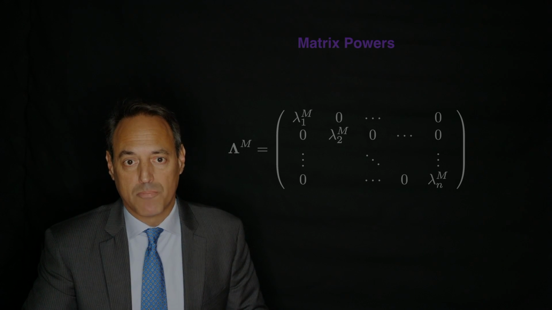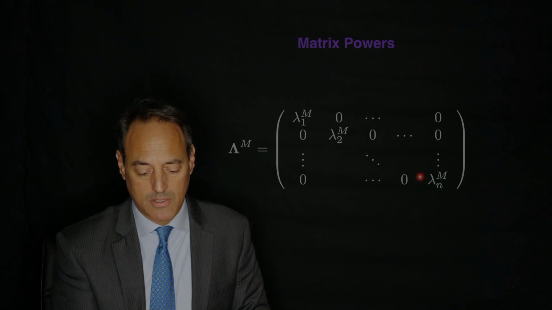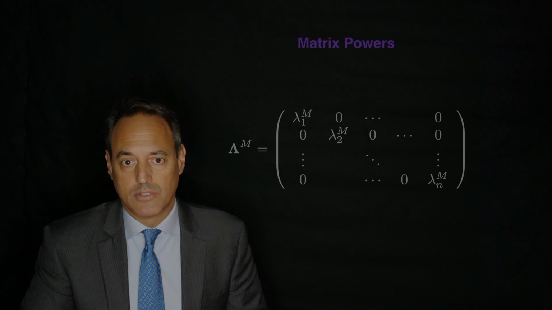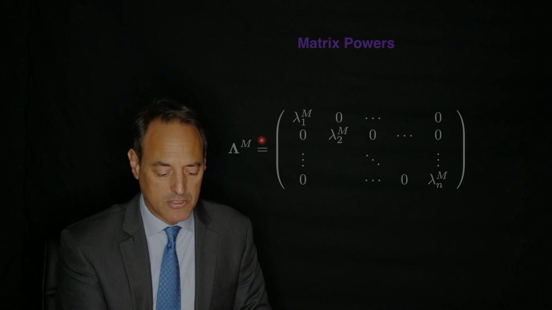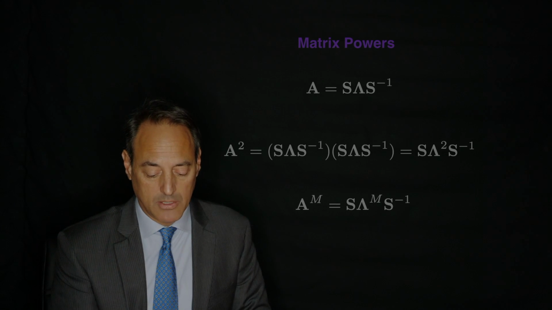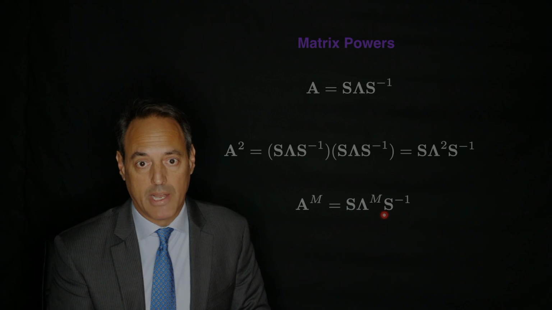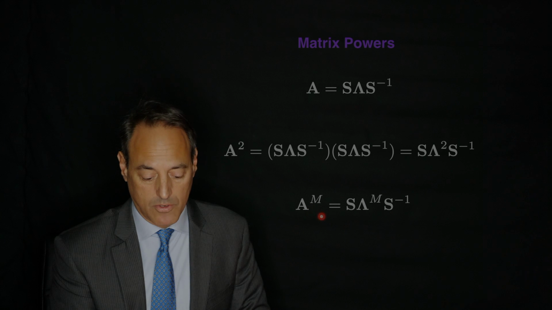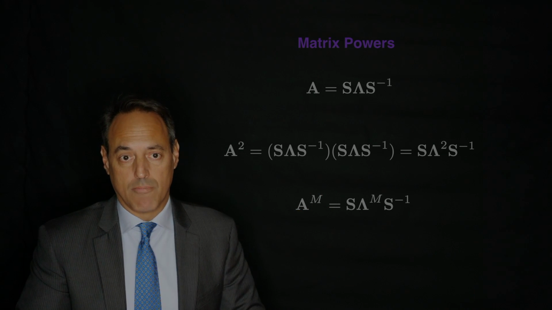If you want to multiply this matrix over and over again, you can do it by hand, just taking each one of the eigenvalues and raising it to the nth power. It's a very simple calculation. And so now I have a very efficient way to compute this, which then allows me, once I've computed this, to just multiply on the left by S, on the right by S inverse, and I have a representation of that matrix to the nth power.